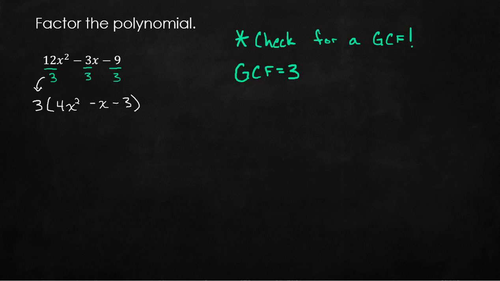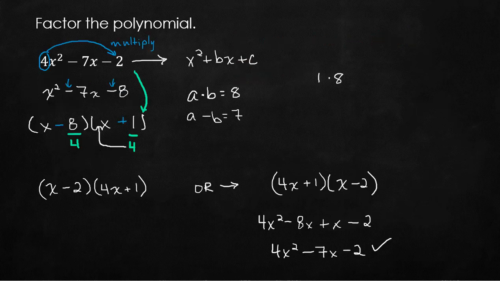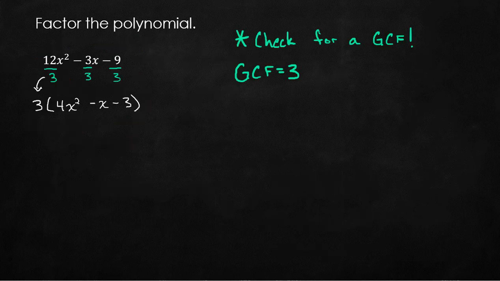And just like in the previous example we saw where we could move the leading coefficient to the end to set up a familiar problem type, we're going to do that same process here. So I'm going to take this 4, move it to the end.